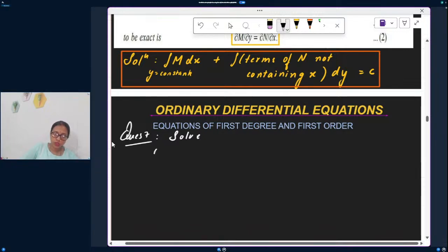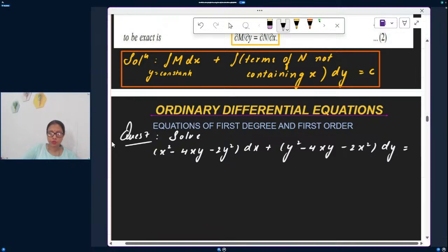Solve (x square minus 4xy minus 2y square) dx plus (y square minus 4xy minus 2x square) dy equals to 0. If you compare it with M dx plus N dy equals 0, then you get the values of M and N. Find out del M by del y and del N by del x.